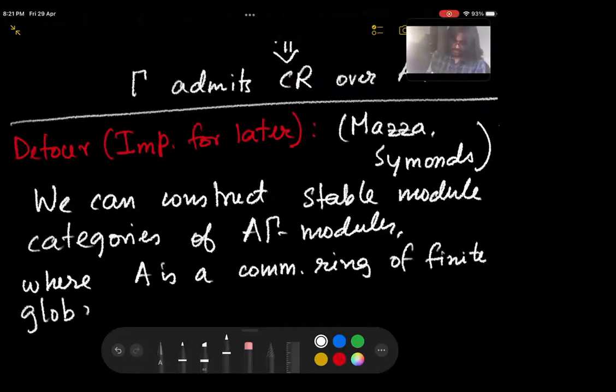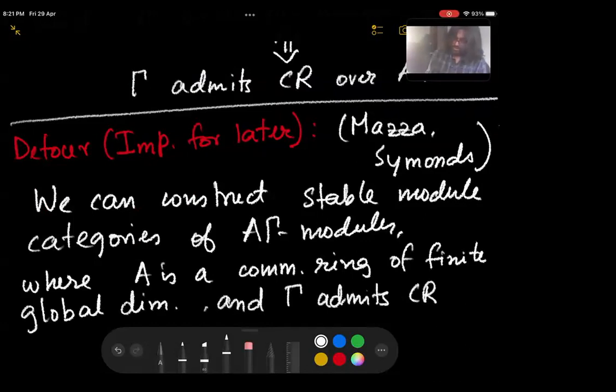So global dimension means supremum over the projective dimension of all modules, and gamma admits complete resolutions over A.